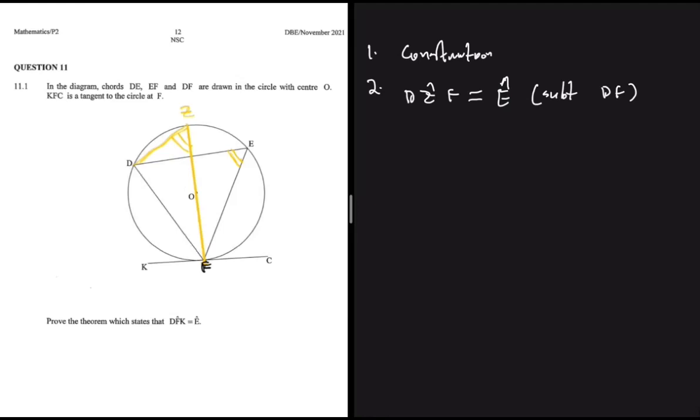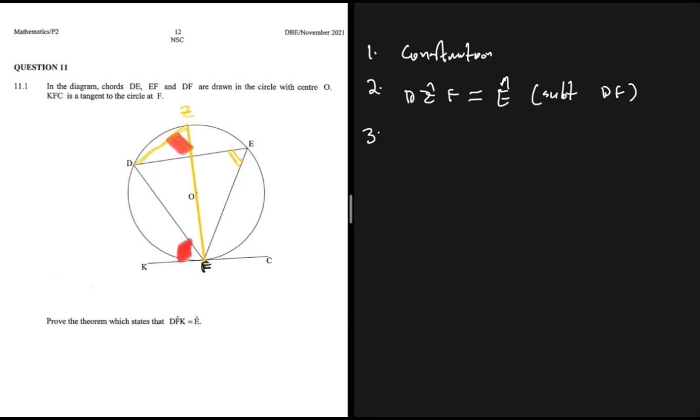So step number 3, we're going to prove that this angle DFK here is also equal to angle DZF, right? And then if we can prove that, then we have proved that DFK is equals to E. So let's see how we will go about that.